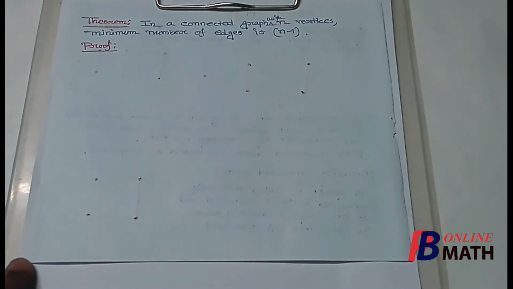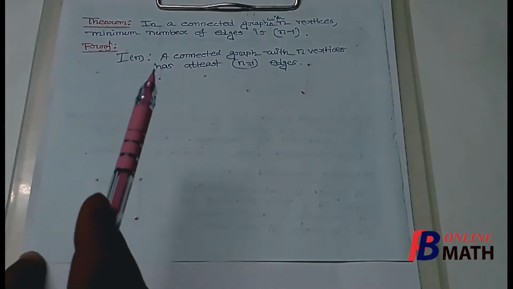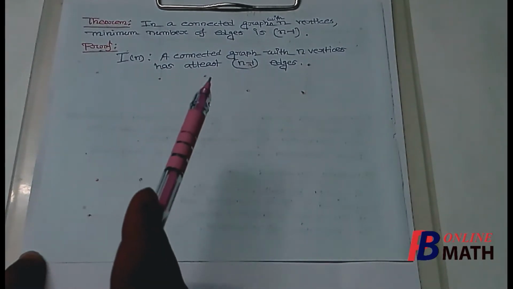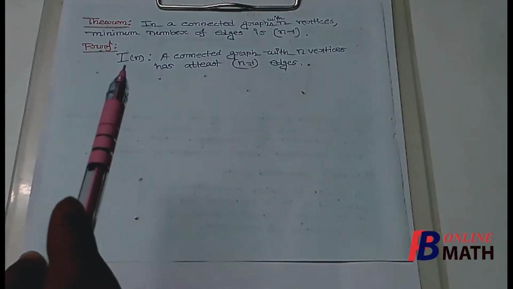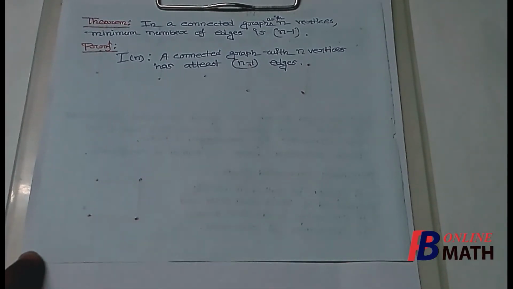Now we shall prove this theorem by means of induction. Suppose this is the statement: a connected graph with n vertices has at least n minus 1 edges. So we have to prove that this statement is true for any natural number n.